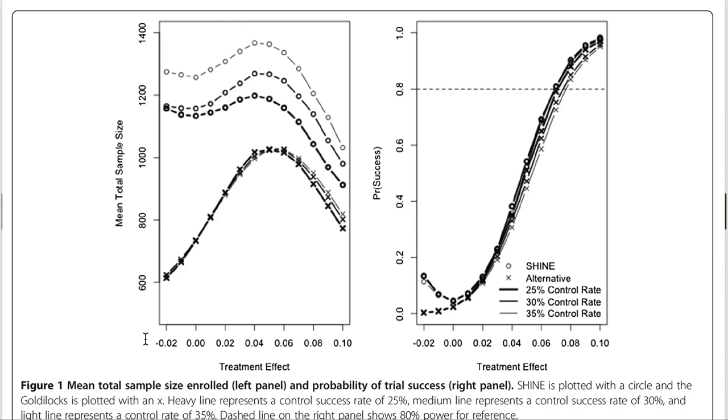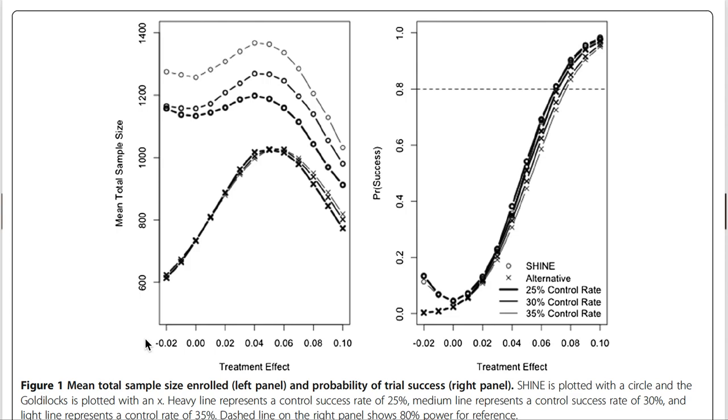And the success rates are very tightly wound together for the Goldilocks experimental treatment effect. The SHINE trial has the heavy lines very segregated from the other two lines with the circles for the sample size.